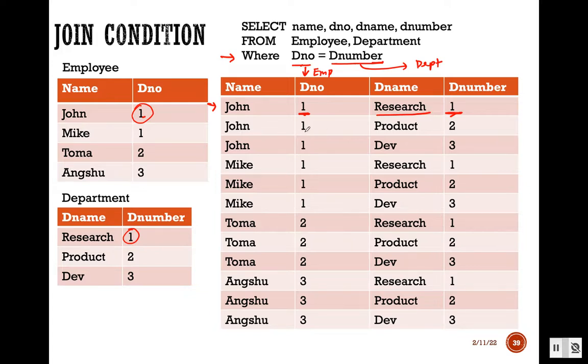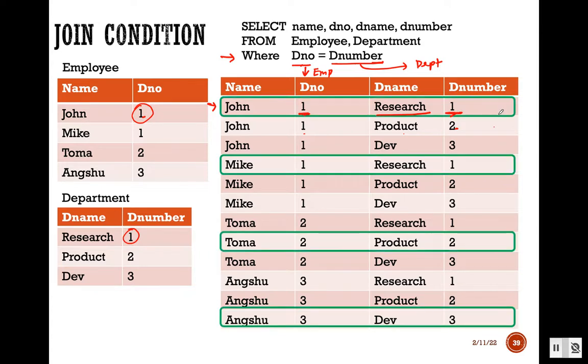John works in DNO 1, but this D number is actually for product, so that's not relevant information. Now this information will be selected. Mike works in DNO 1 and D number 1 has research D name. Okay, so this one is related information.